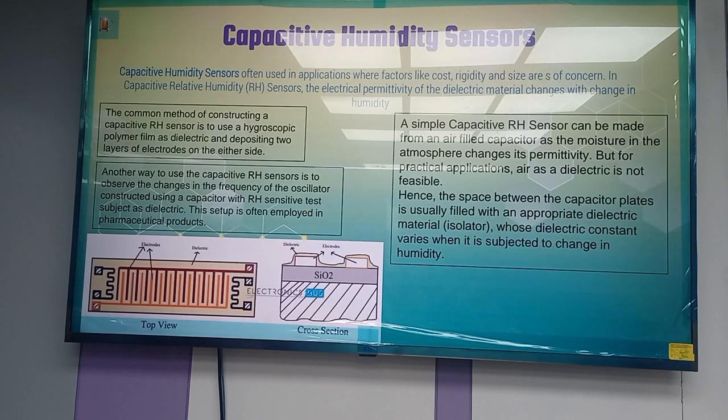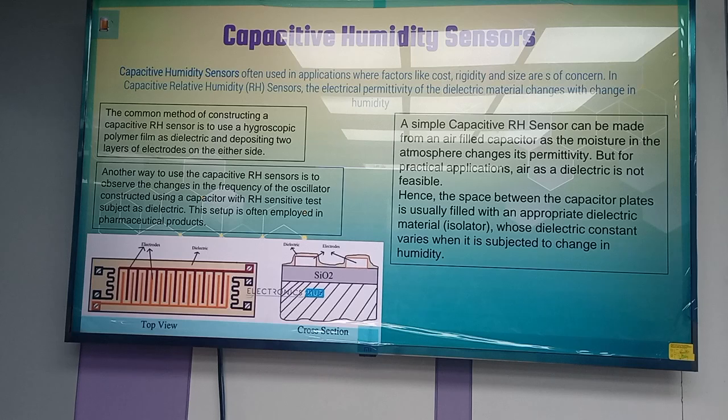In a capacitive relative humidity sensor, known as an RH sensor, the electrical permittivity of the dielectric material changes with change in humidity. So we have to know how it actually works. A simple capacitive RH sensor can be made from an air-filled capacitor, as moisture in the atmosphere changes its permittivity.